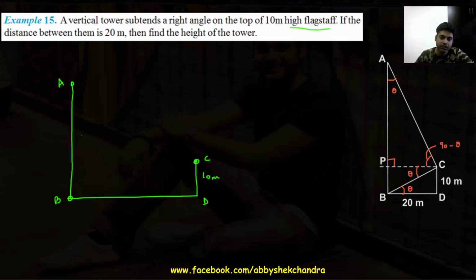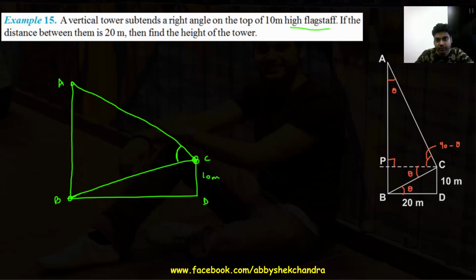So whenever any object subtends a certain angle at a point, you join the ends of that object, which in our case is the vertical tower, to the point where the angle is subtended.